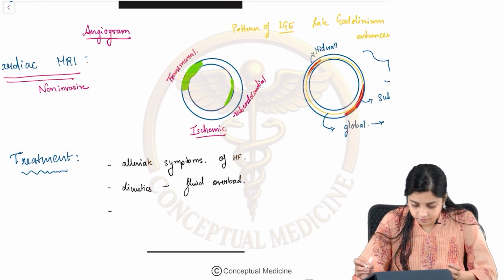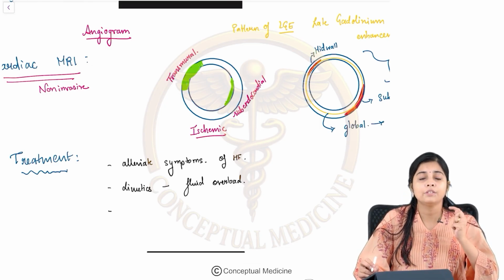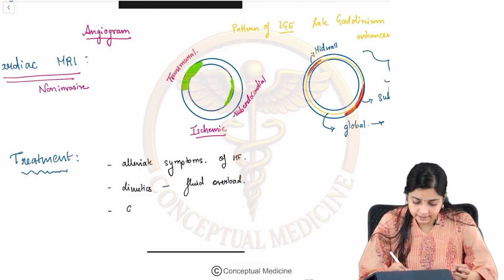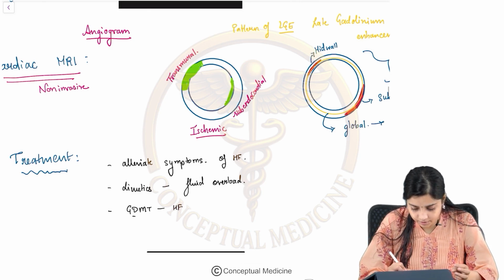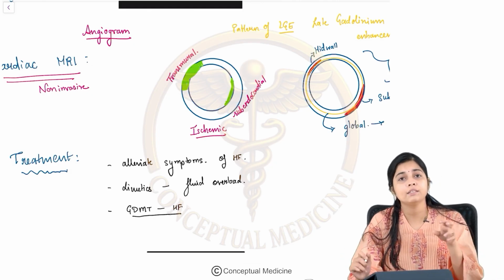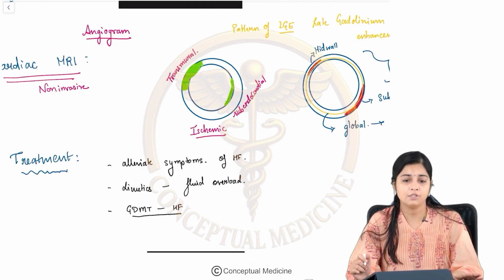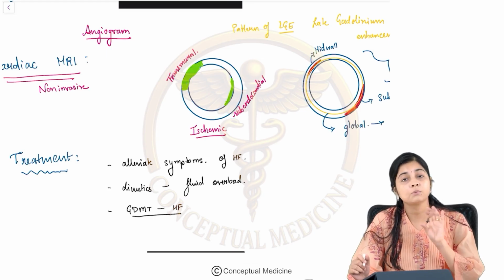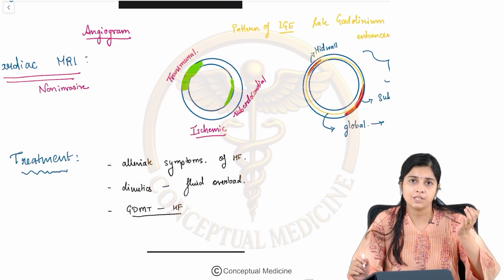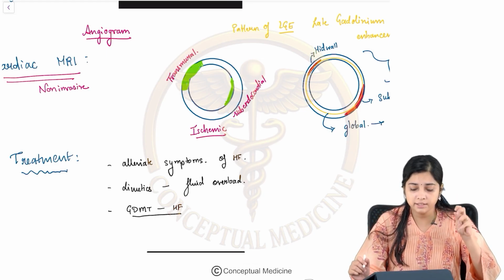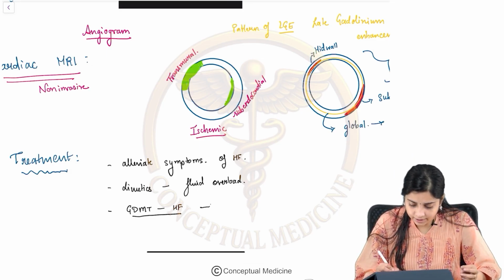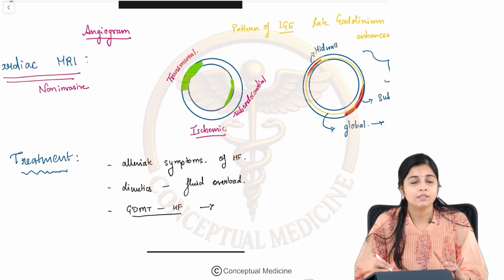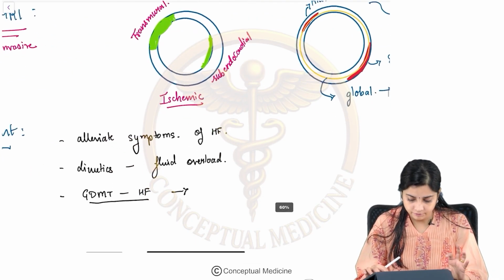Okay, fine. Then, you give guideline directed medical management for heart failure. GDMT refers to the guideline directed medical management for heart failure. You can understand this further in our chapter and discussion on heart failure. But as of now, briefly, let us just go through it. We have to give 4 major drugs in the management of heart failure.